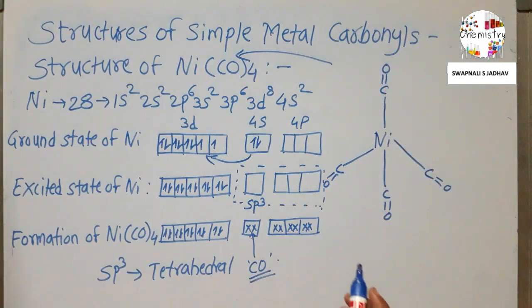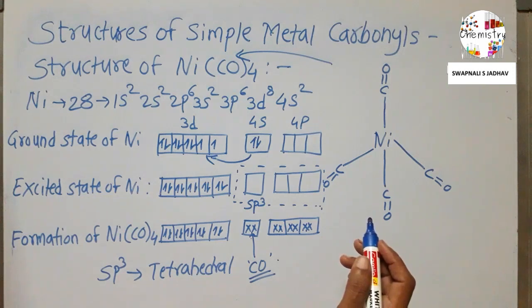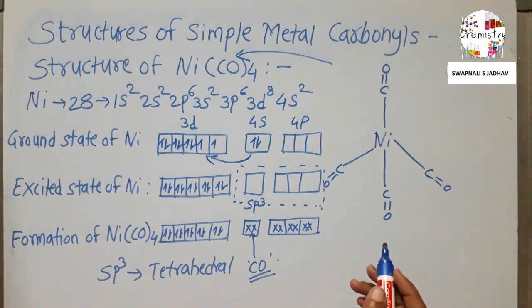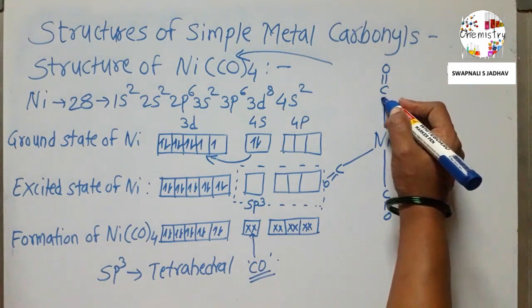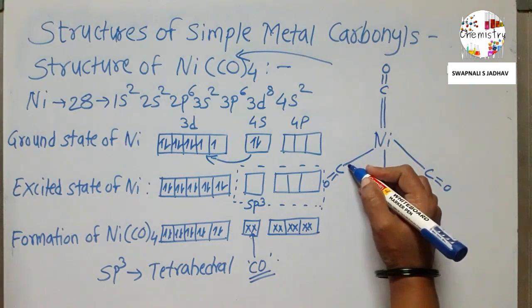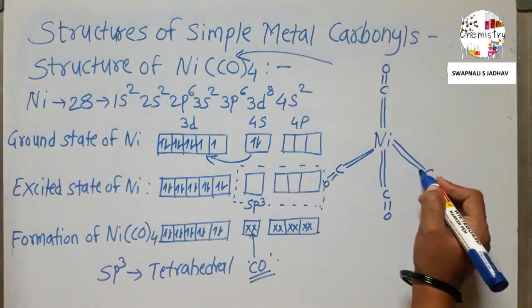Here, due to more negative charges accumulated on the nickel atom by 4 carbonyl groups, which is most unlikely. Hence, to maintain electroneutrality, according to Pauling, back donation of electron density from nickel to carbonyl takes place and a double bond is formed between nickel and carbon. A double bond is formed between nickel and the carbon of the carbonyl.